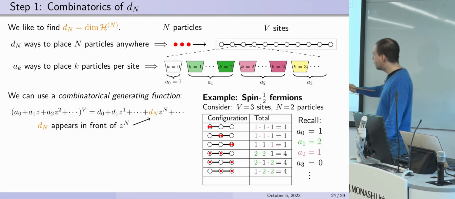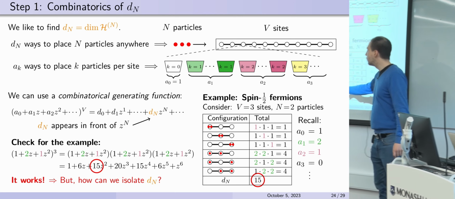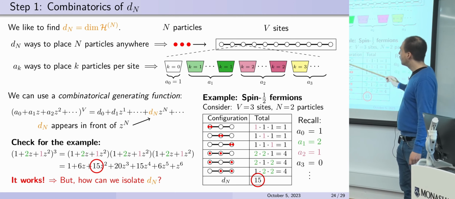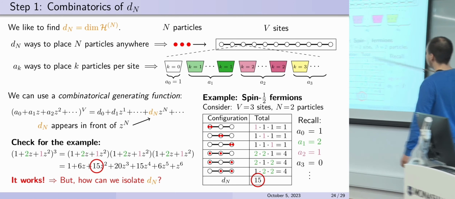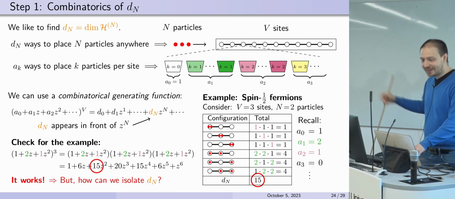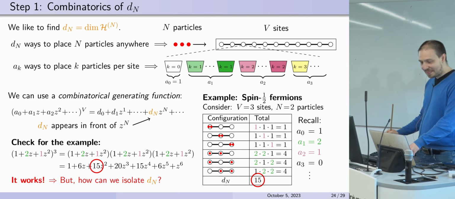And that's exactly what you would get if you take this to the 3rd power and take the coefficient in front of z to the 2, which is z to the n. And of course, the reason is that this counting is just reproduced if you multiply out this polynomial. Yeah? So if you have experience in combinatorics, that's of course a triviality.